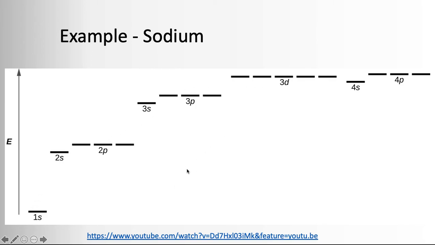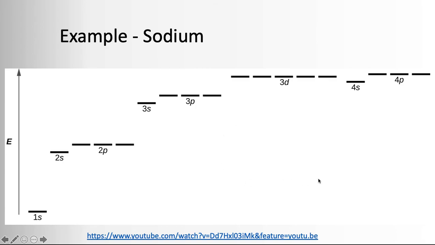Then I've shown you how to do a full electronic configuration by writing the shorthand notation for orbitals. And then the last part is figuring out how to write just the noble gas configuration, where I replace part of these orbitals with a noble gas configuration.